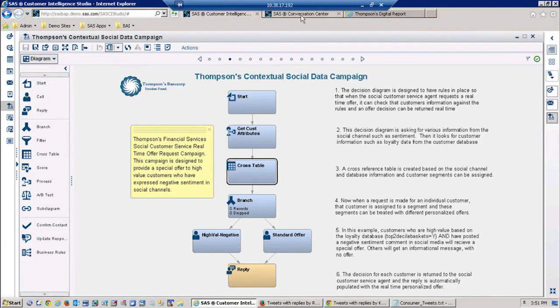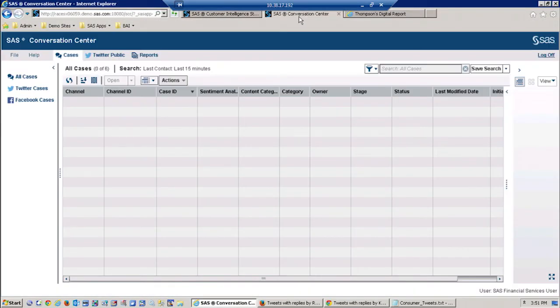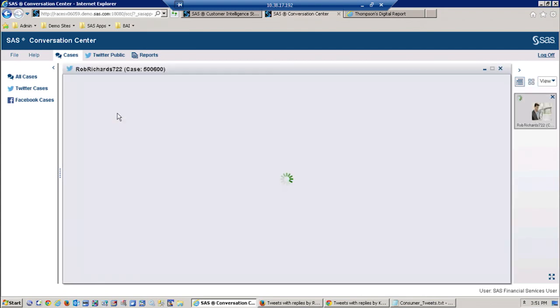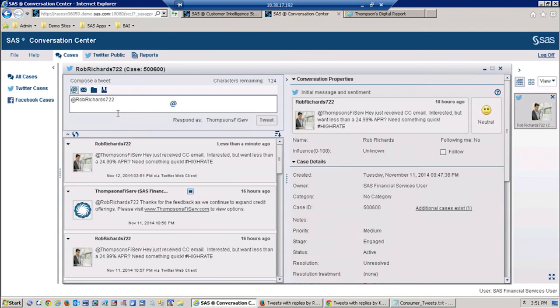So now let's put on the hat of our customer service agent, our social customer service team, right? And they have a case management tool here that they use to interact with folks over social and digital channels. So first, let's take a look at what Rob sent in. We know what he sent in. We just saw him tweet.